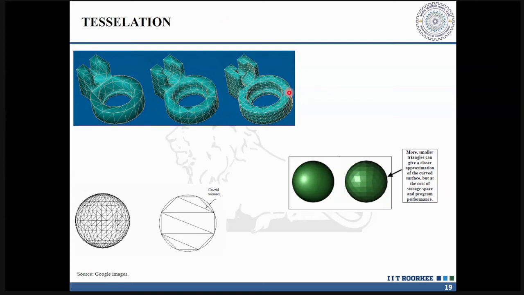When I did further finer triangles, the variation of the difference between the surface of the sphere and the surface of the triangle became very, very fine, and that variation, the chordal tolerance, has been reduced. So smaller or more number of triangles means a closer approximation of the curved surface.